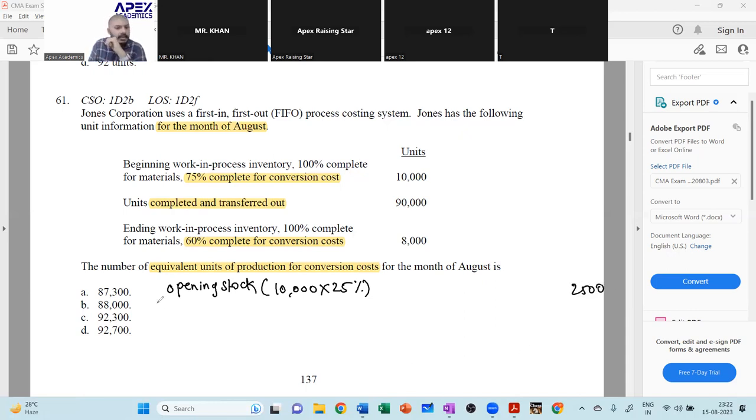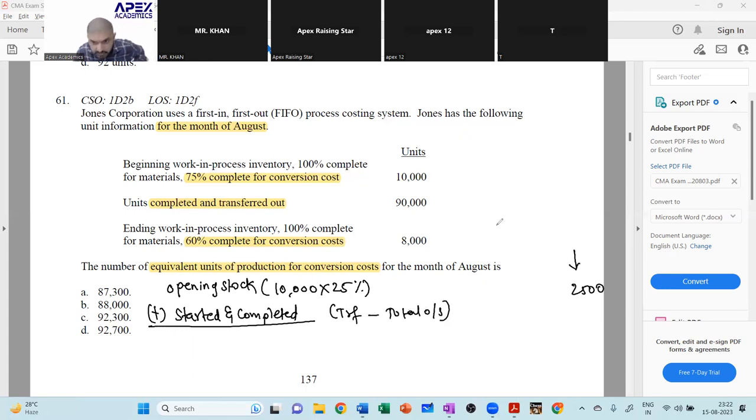Correct? To this, I will add started and completed. Started and completed is equal to transferred minus total opening stock.